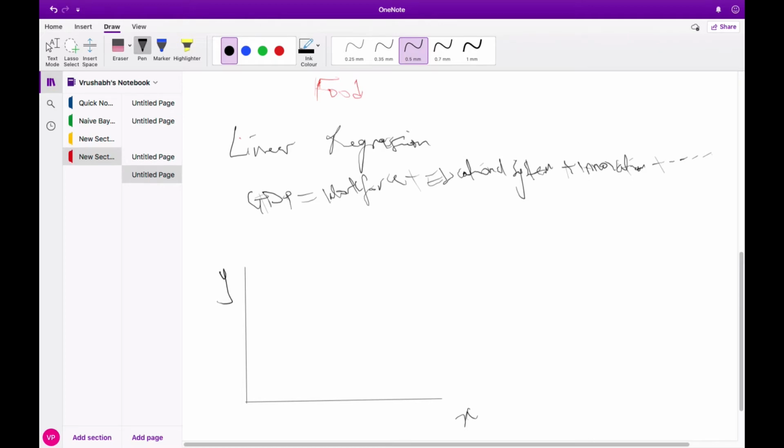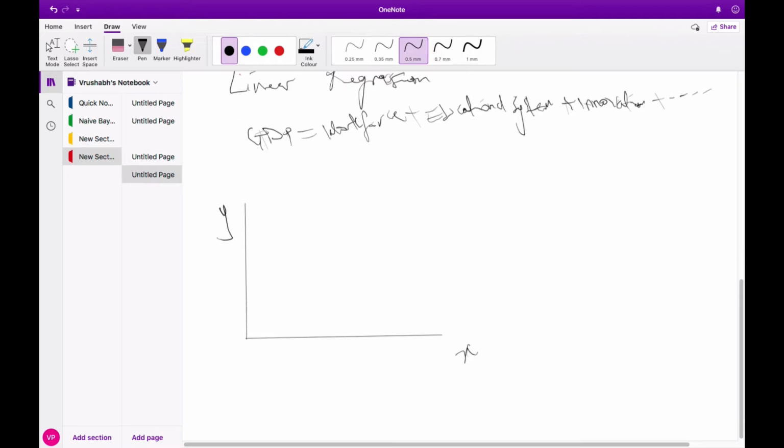If you want to think of it in terms of dependent and independent, our y is always a dependent variable. Remember that we say that GDP is dependent on these factors, that's workforce, educational system, and GDP is our y.